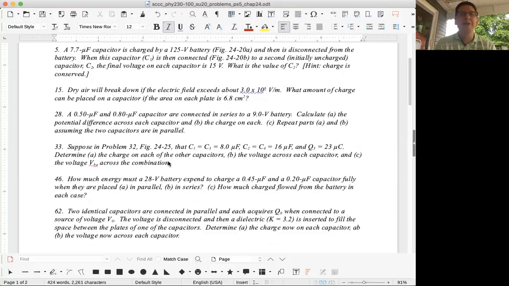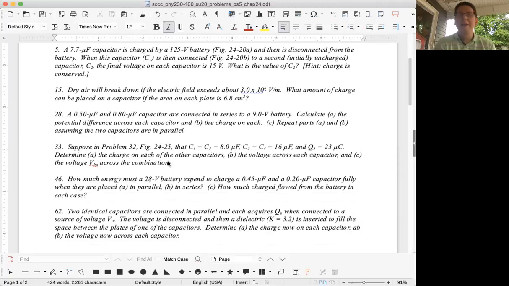What amount of charge can be placed on a capacitor if the area of each plate is 6.8 square centimeters? So basically, what amount of charge can be placed on the capacitor before the electric field between the two plates exceeds that amount?